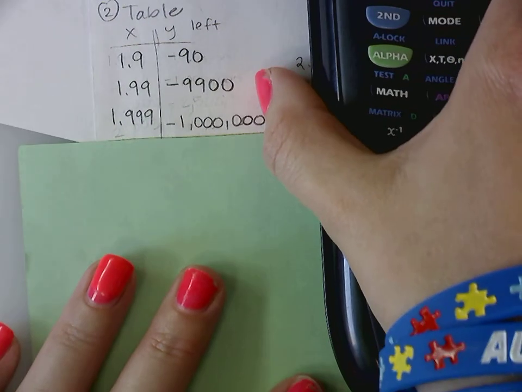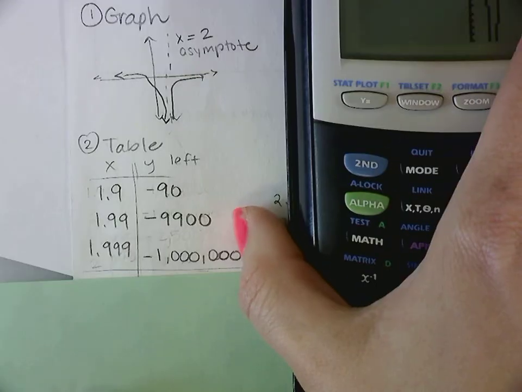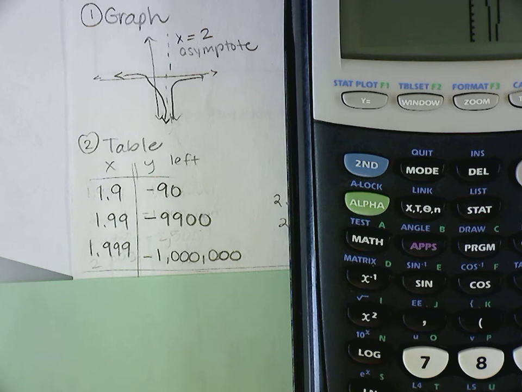first let's look and see what happens from the left. Sorry, maybe that was too fast. Okay, so from the left, I chose 1.9, 1.99, 1.999, because those were all close to 2. I got negative 90, negative 9,900, and then negative a million.